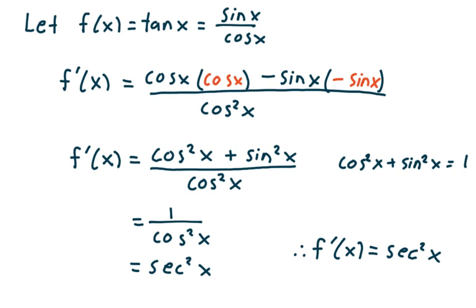Let f of x equal tangent x, which I'm going to write as sine x over cosine x. We're going to take the derivative of f of x with respect to x, and we're going to use the quotient rule. So f prime of x is equal to the bottom function, which is cosine x, times the derivative of the top function with respect to x.